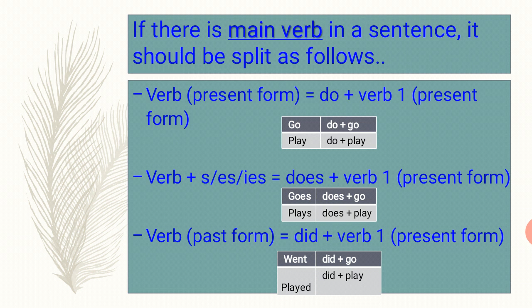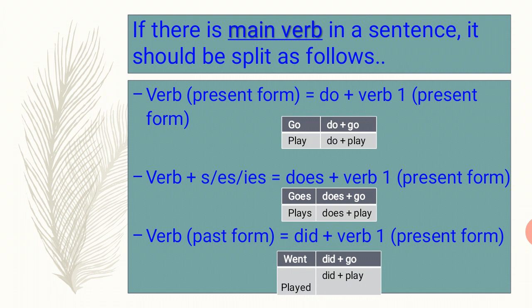For example, I have given you two verbs, go: do plus go for the present formation, for plural subjects. And play, another verb: do plus play. And second example, goes: does plus go; plays: does plus play. So it is for singular subjects that have the verb in a sentence.